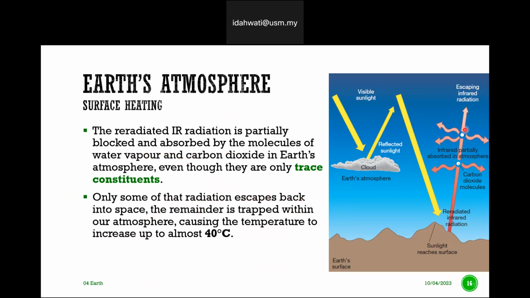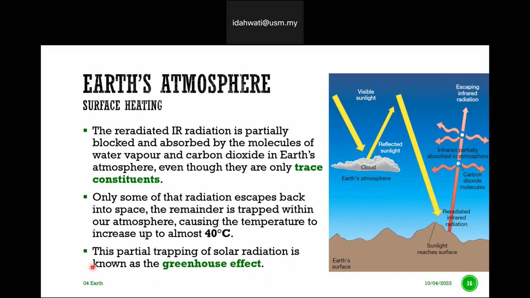Only some of it will escape into space, and the remainder is trapped within our atmosphere. This causes the temperature to increase by almost 40 degrees. This partial trapping of solar radiation is known as the greenhouse effect.